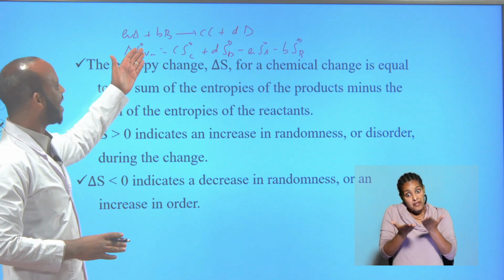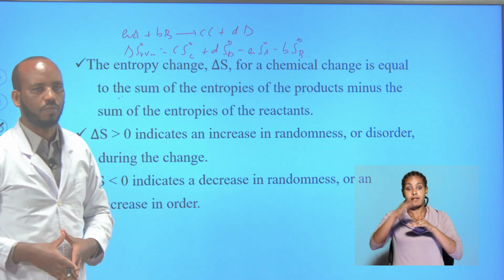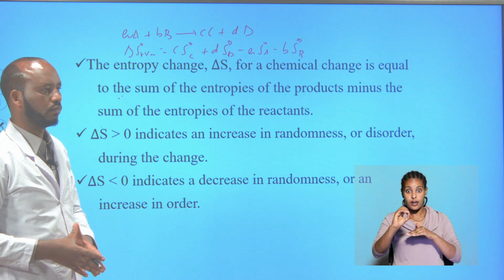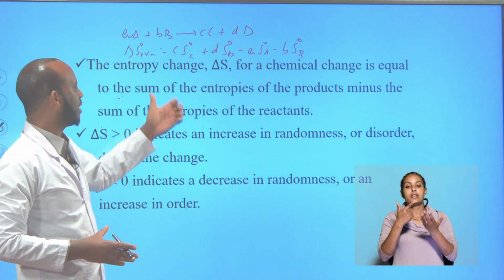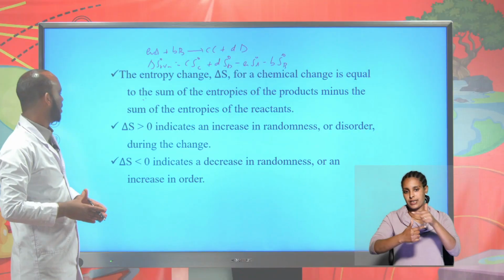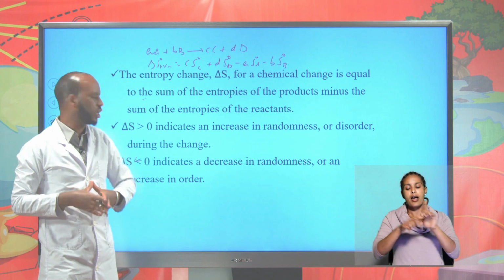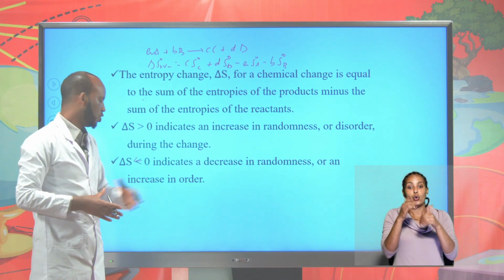If delta S for this reaction is greater than 0, there is an increase in disorder of the process. Delta S greater than 0 indicates an increase in randomness or disorder during the change.